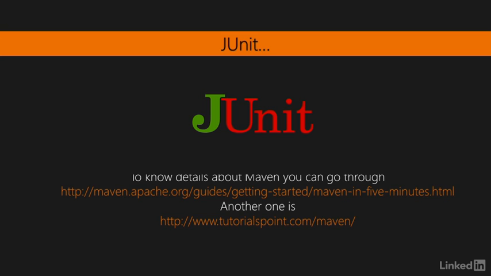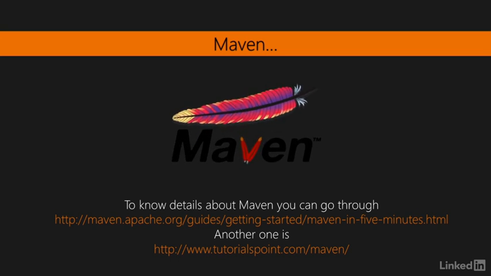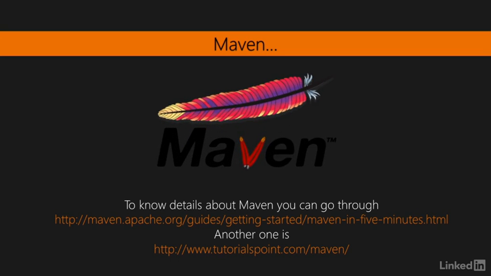Our scripts must be compiled and executed. This can be done from a command prompt. It is, however, a lot easier to use a build tool. We will use Maven in this course. Maven will help us handle dependencies, compiling, and running our scripts.